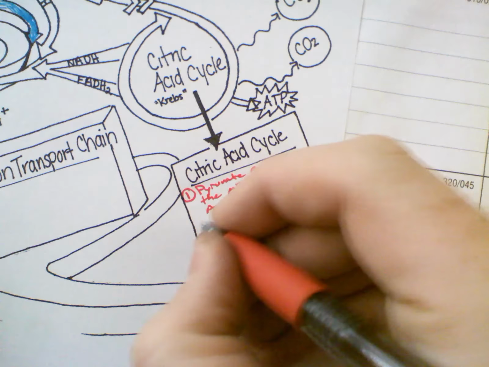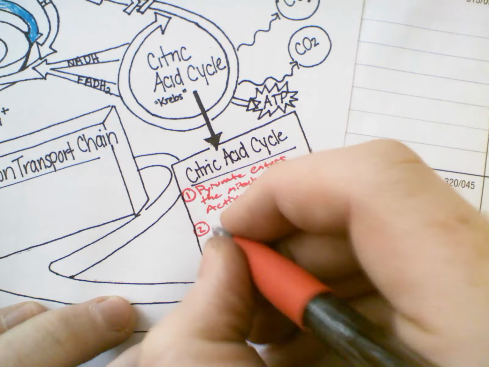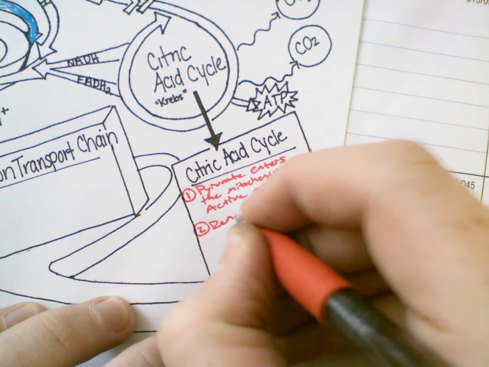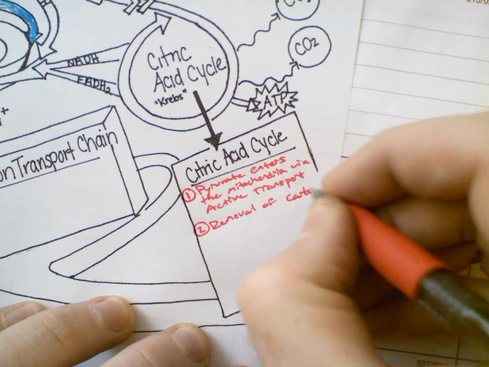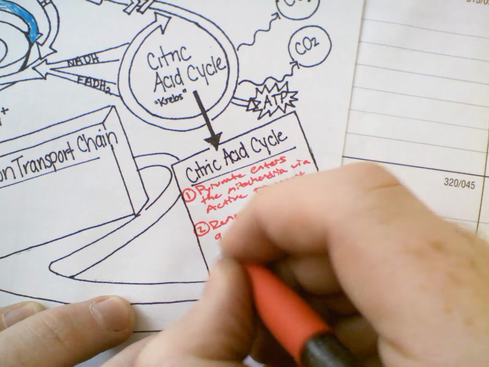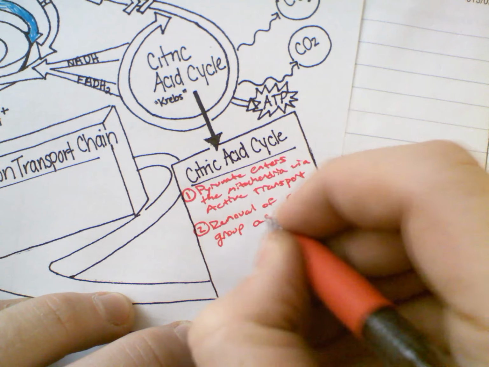Okay? So let's go ahead and write down what's happening. Number 2 here, it is the removal of a carboxyl group as CO2.